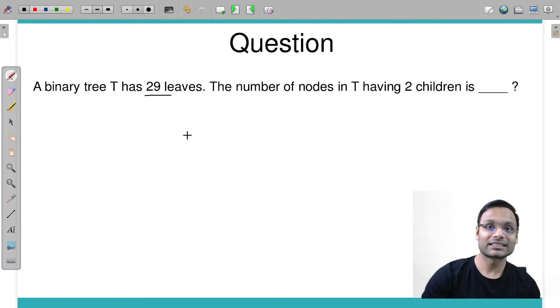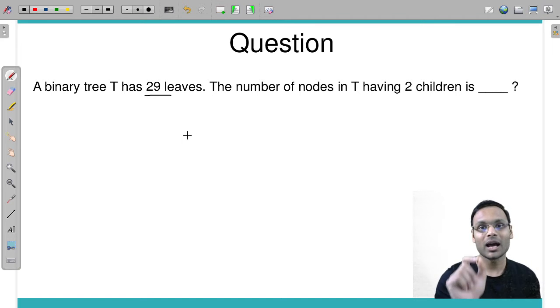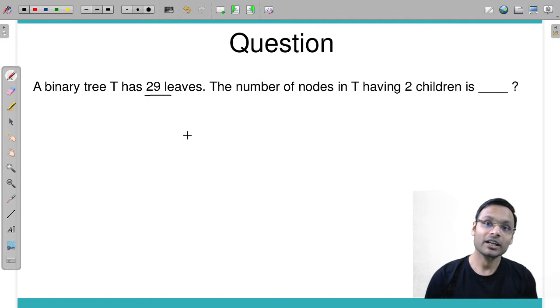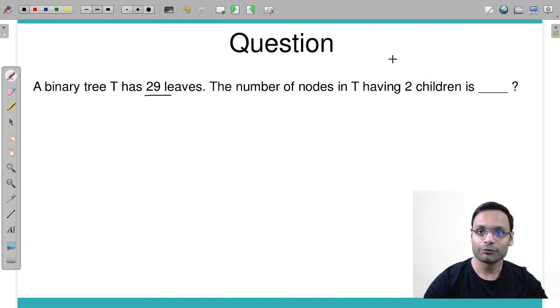You don't have to remember the formula. I will never recommend memorizing the formula as it is. I will explain why that formula is what it is. A binary tree having 29 leaf nodes, the answer will be 28 as the number of nodes with 2 children.